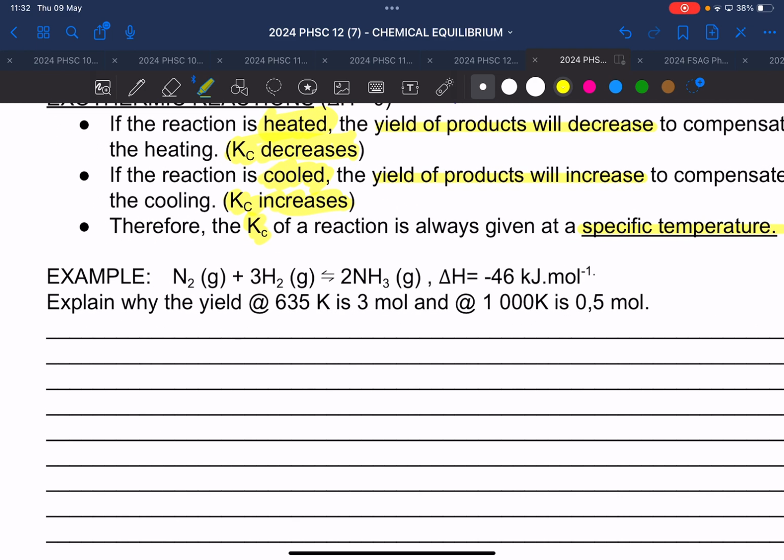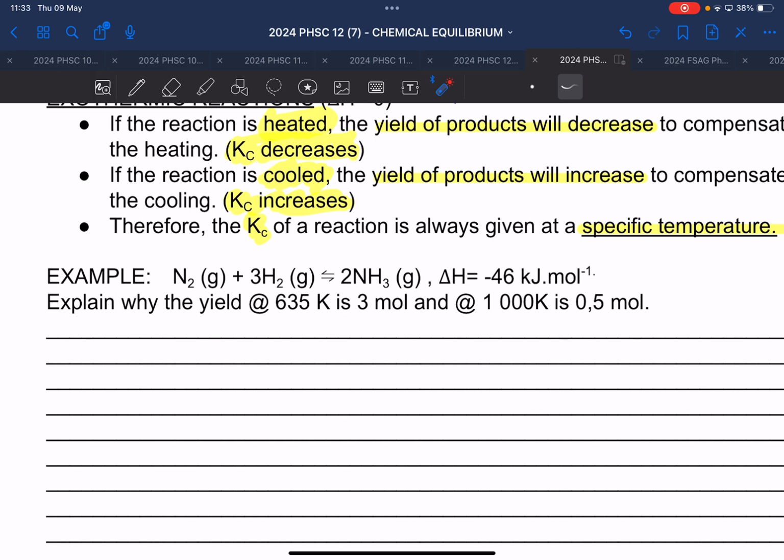Now we have this reaction, a different one. We have nitrogen gas reacting with hydrogen gas to form ammonia, and they tell us delta H is equal to negative 46. So this is an exothermic reaction.